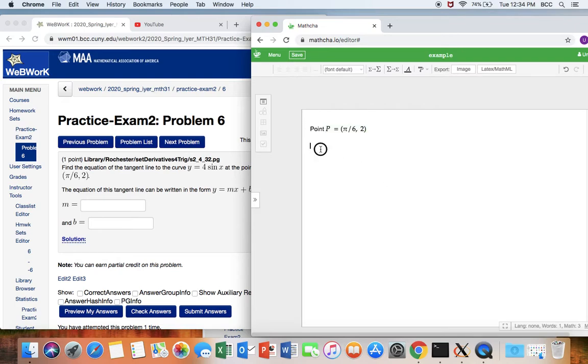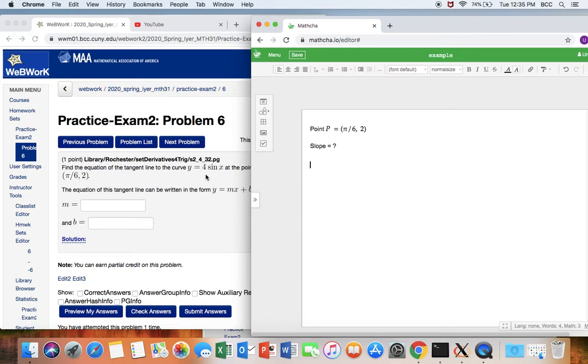That is the point. Now, slope, we do not know yet. So, how do we find slope? You take derivative of your function.